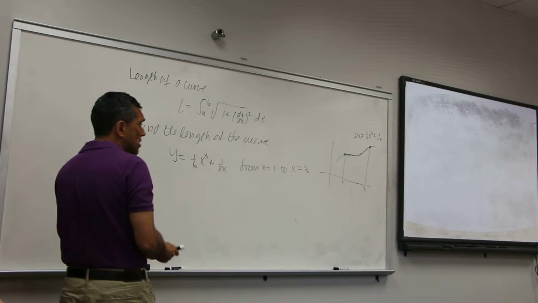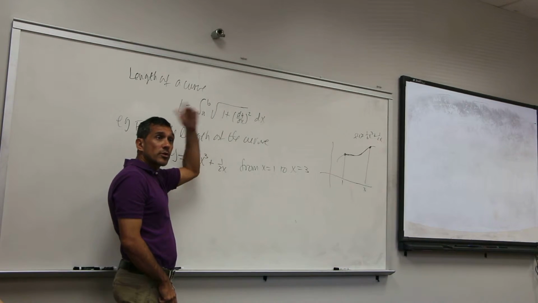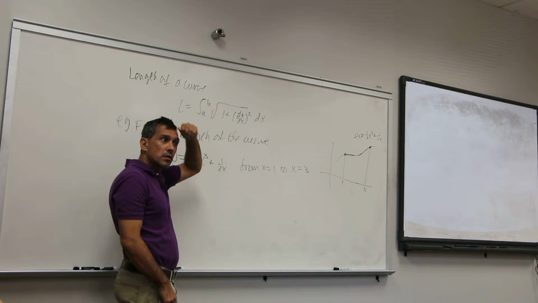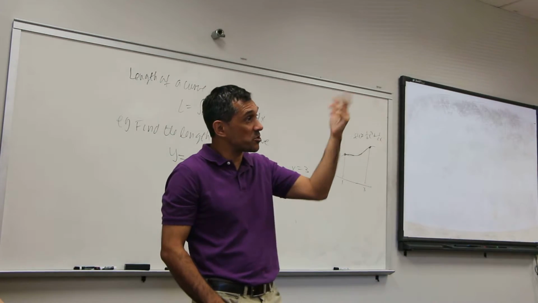So we have to take the derivative of this function, square it, add 1, take the square root, and integrate it. The question is, does it turn out to be something that's easy to integrate?